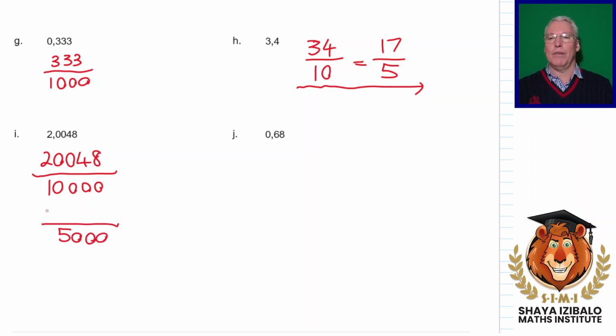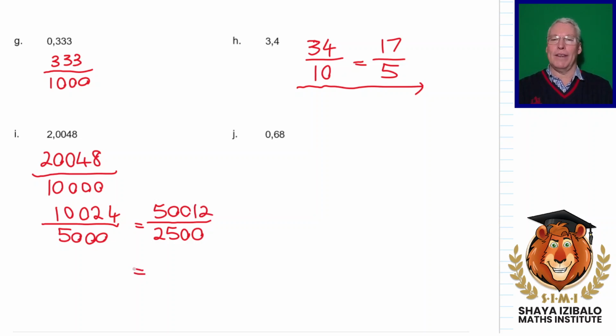If we halve the top, these are all even numbers, so they're easy to halve, 10024. This is still even on the top, so it can halve again. We're going to get 2,500, and over here, instead of 10,024, we're going to get 5,012.